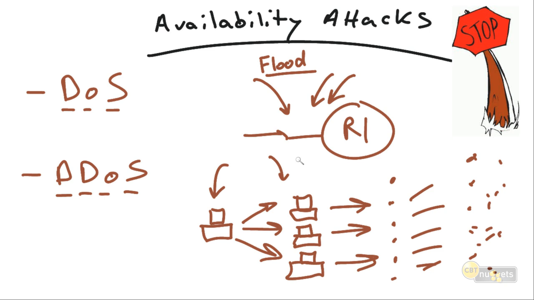So, distributed denial of service attacks, yeah, they'll definitely keep you up at night. So, reconnaissance attacks, access attacks, availability attacks, we need solutions. And that's really what we're going to be discussing for the majority of the remainder of this nugget.